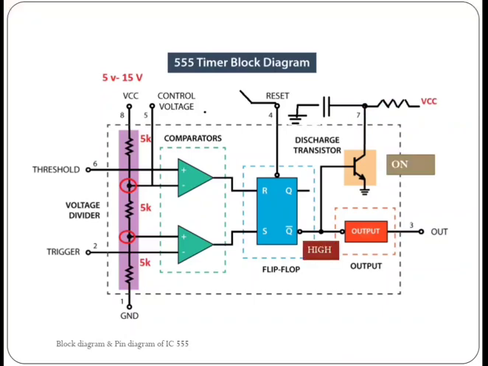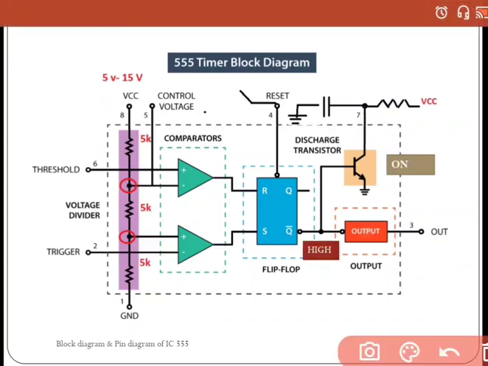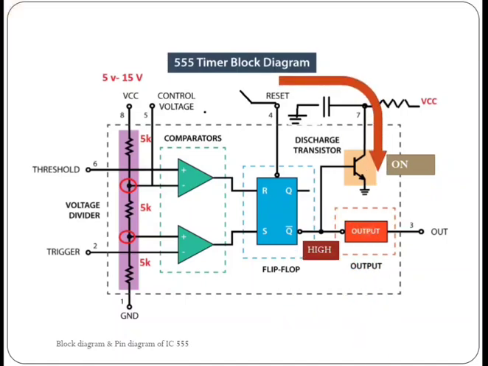Say this Q bar output is high right now. So this point is connected to this transistor. If the base signal is high, that means the transistor will switch on. So the transistor is switched on, which means the capacitor will discharge through this path.